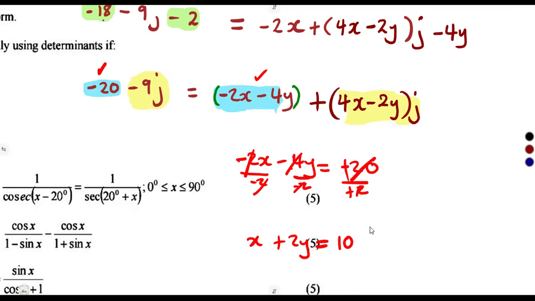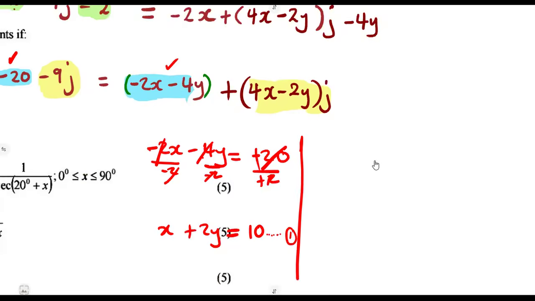Depending on the method you're going to use, substitution or elimination, if you're using substitution you can make x the subject. It is up to you. But you have formed an equation from that statement. You can call this equation 1. We can even come back and make adjustments from there.